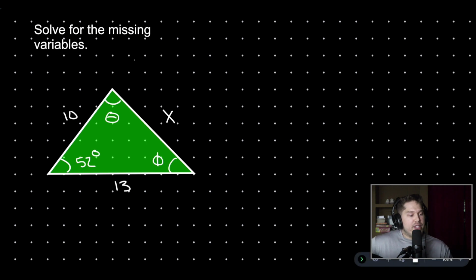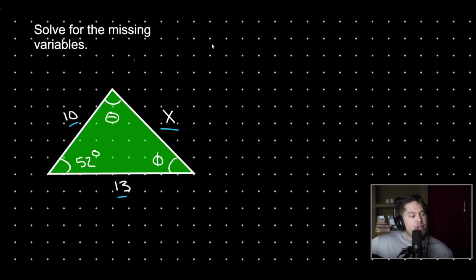Well, in this case, I hope you're all thinking that we should solve for the x first. And we should solve for the x first because we have 2 of our side lengths and the angle that we do have is directly opposite the x. Therefore, we can just simply put it into our law of cosines and solve.